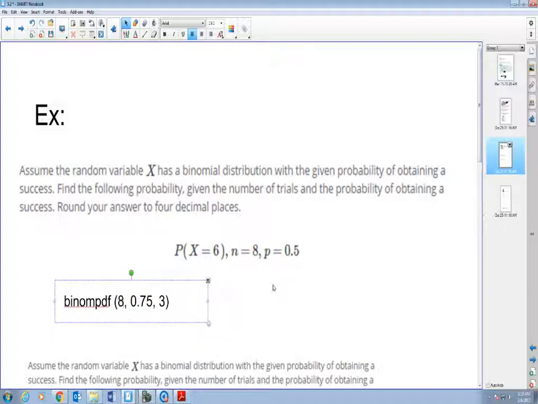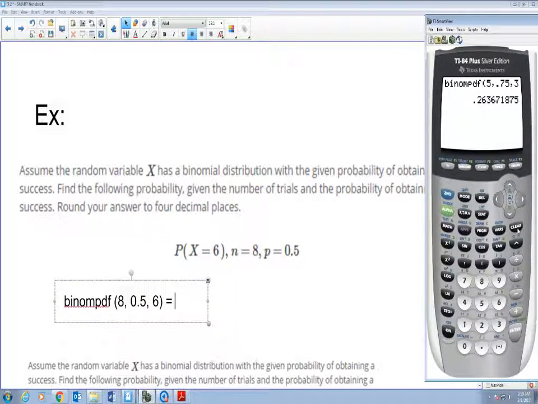Number of successes will be 6. Second distribution, PDF, 8, 0.5, 6.